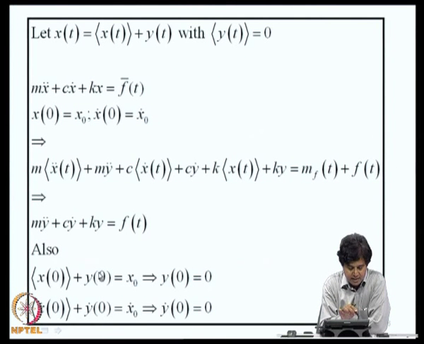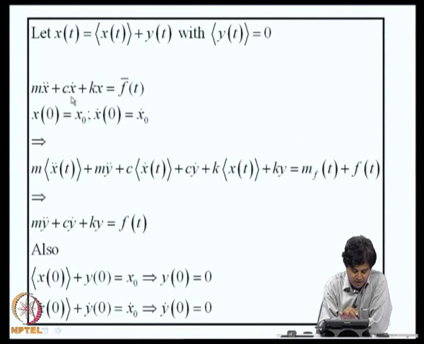Now, just as we wrote f bar of t to be the sum of its mean and f of t, we can also write the response process itself to be the sum of its mean and a random fluctuating component whose mean is 0. Suppose I substitute this into the governing equation. I will have for x double dot the expected value of x double dot of t plus y double dot of t, that is what is written here.